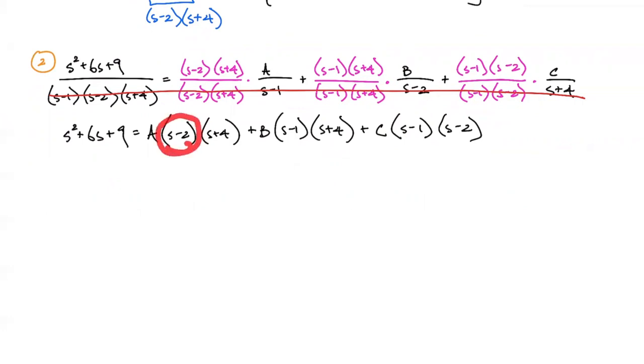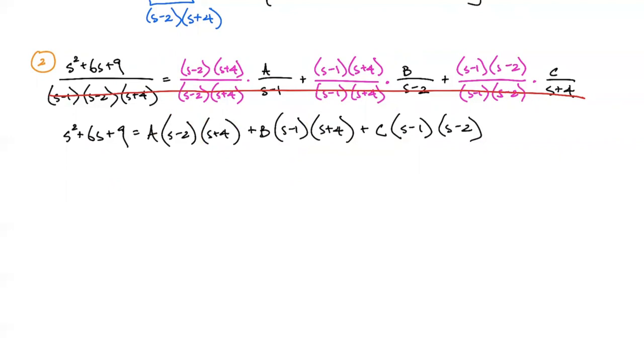Part of the reason we don't multiply out these factors is because each of those factors actually tells us which clever numbers we should choose. So we should choose s as 1 because that'll zero out some of the terms. We should choose s as 2 because that'll zero out some of the other terms. And we should choose s as -4 because that'll zero out some of the other terms.